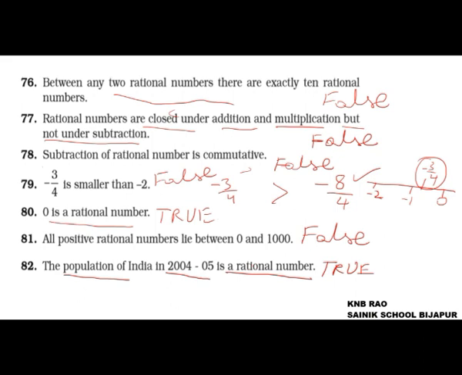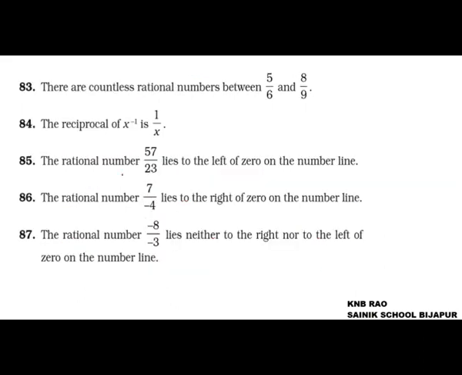Next, coming to the 83rd question. There are countless rational numbers between 5/6 and 8/9. Between any two rational numbers, there are infinitely many or countless rational numbers, which is true. Next, reciprocal of x power minus 1.